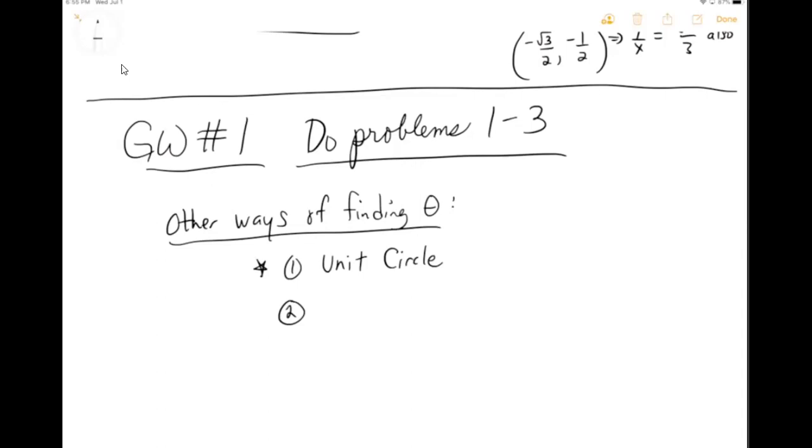All right. So another method is actually a method called using a reference angle. This is more of a memorization technique.